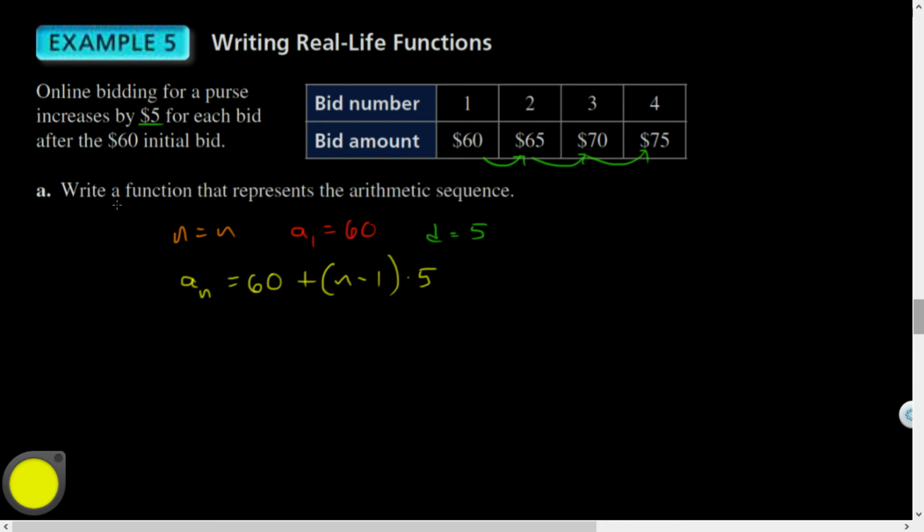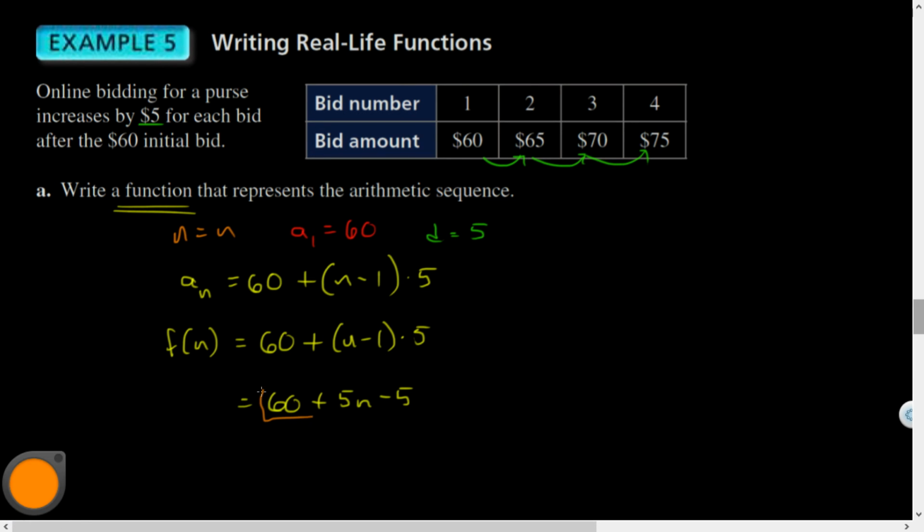Now they wanted it in function notation, so we'll write this as f of n. We'll just replace a sub n with function notation. Equals 60 plus n minus 1 times 5. So let's simplify this a little bit. Distribute, that's 60 plus 5n minus 5.